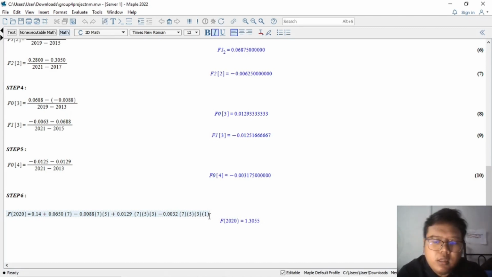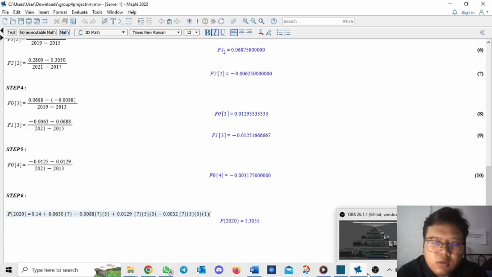I press enter, and we get the solar power usage in Malaysia for 2020, which is 1.3055.